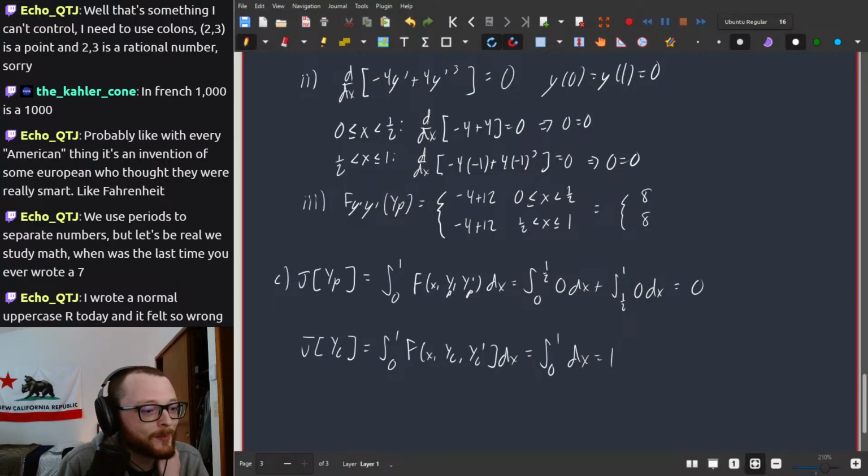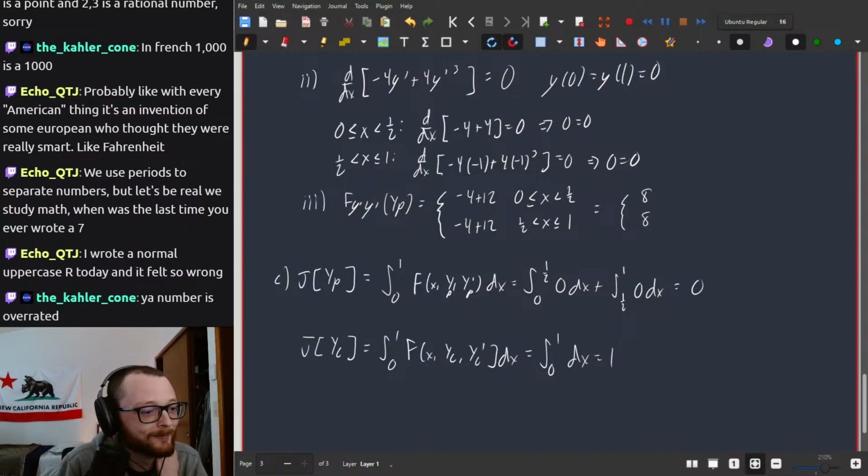We use P to separate numbers. Let's be real, we study math. When was the last time you ever wrote a 7? Wait, a 7? Do you mean like a 7-digit number? Yeah, sure. Math engines like never do that. Wrote a normal uppercase R today. It felt so wrong. I got to that decently, or often enough for like radius.